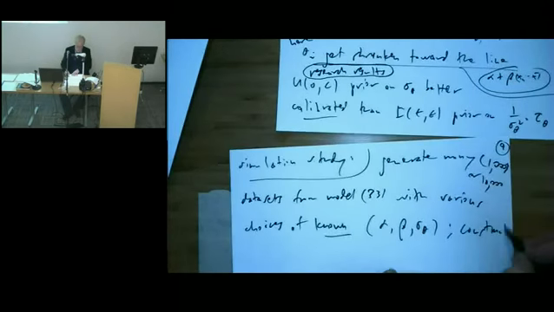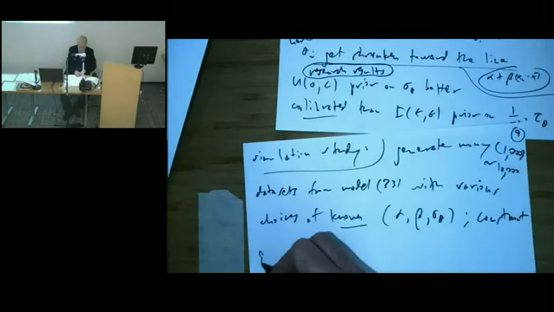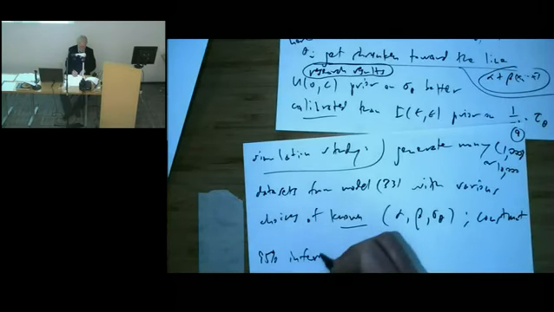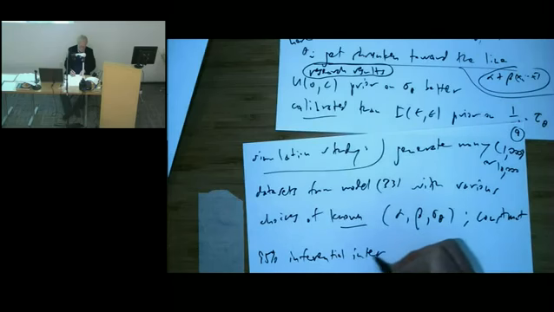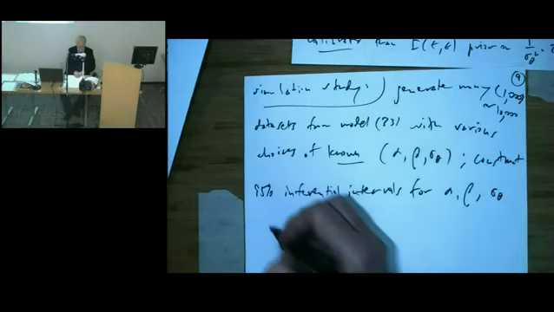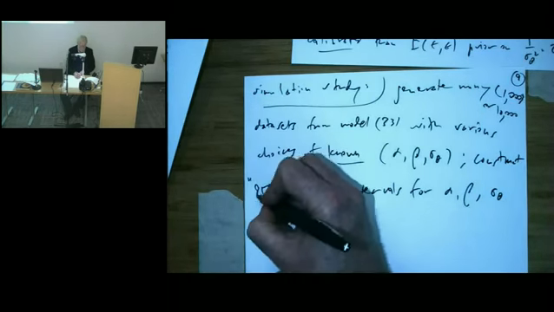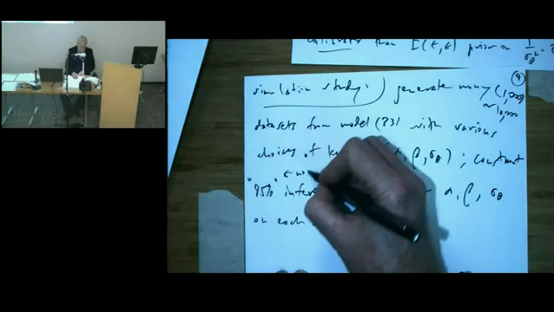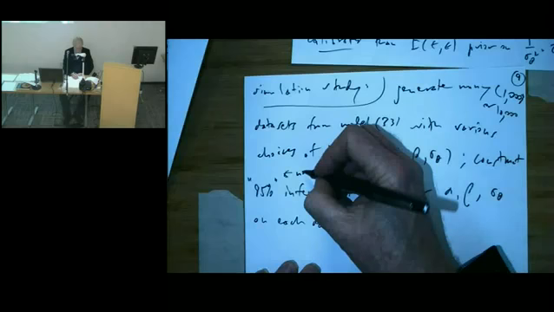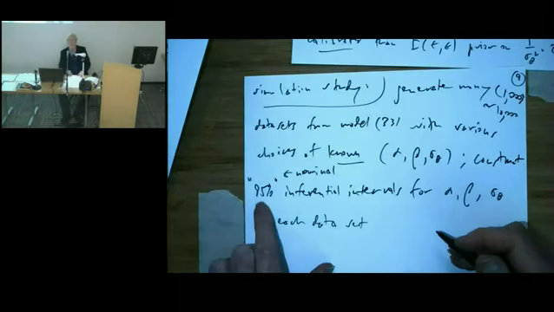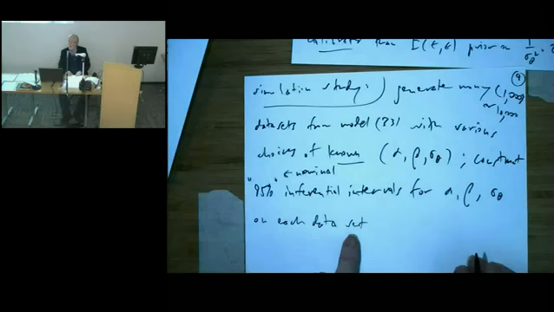So generate many data sets from model 33 with various choices of known parameters. Construct "95%" inferential intervals for alpha, beta, sigma, theta on each data set. I'll put that 95% in quotes. This is what people call the nominal coverage level of these intervals. In other words, we're hoping that so-called 95% intervals will actually include the truth about 95% of the time.